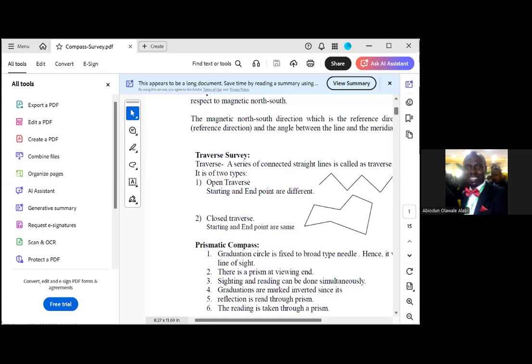And we now look at the horizontal distance. For instance, if I don't have a tape or chain to do my horizontal distance, I can use what is called pacing. I'm not sure if I made mention of pacing for you.